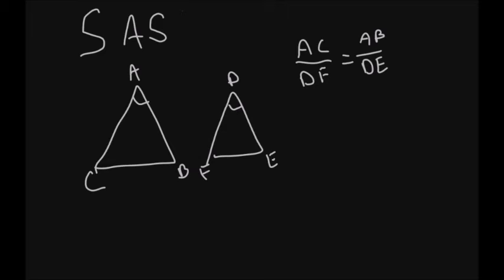If that is a true statement, then they are similar. So you would say triangle ABC is similar to triangle DEF, and that's only if AC over DF equals AB over DE.